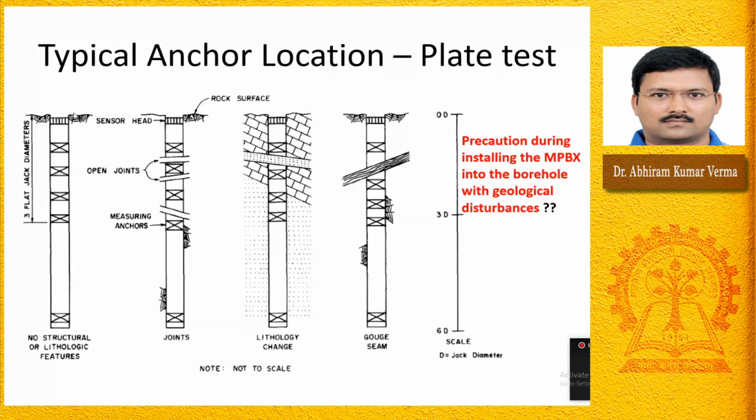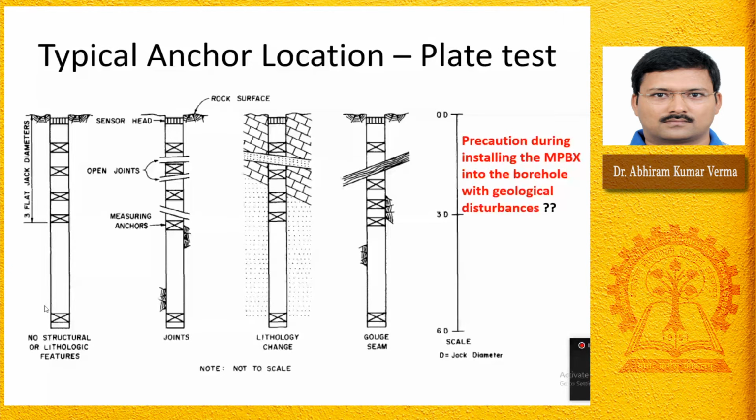Yesterday also I might have told you the purpose of keeping one of the anchors very far off from the loading point: we are assuming that once we apply a load, this load will not transmit up to this limit. That's why we are keeping this distance far off from the point of application, by assuming that the stress will not reach this point and no deformation will occur at this point.